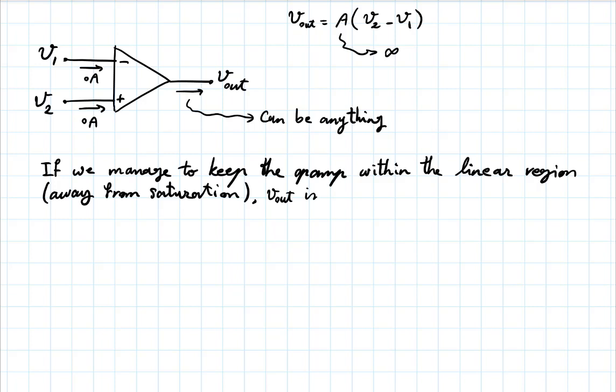And of course, Vout is always going to be a finite value, but you're also staying within the linear region, so that relationship holds.